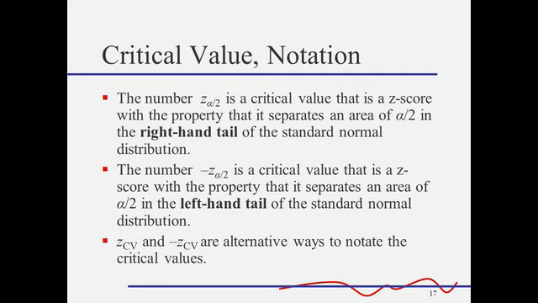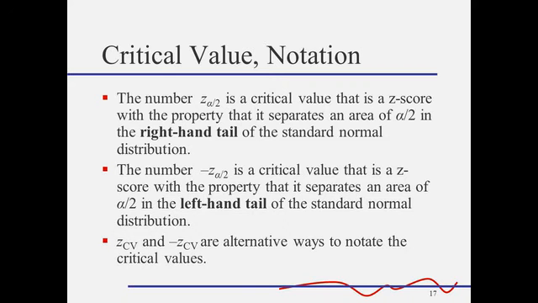If I have a confidence level of 95%, that means I have an alpha, the area in the tails, of 5% or 0.05. To find the values of positive and negative 1.96, I took the value of alpha and divided it by 2, and I used the area of 0.025 to find the critical value.